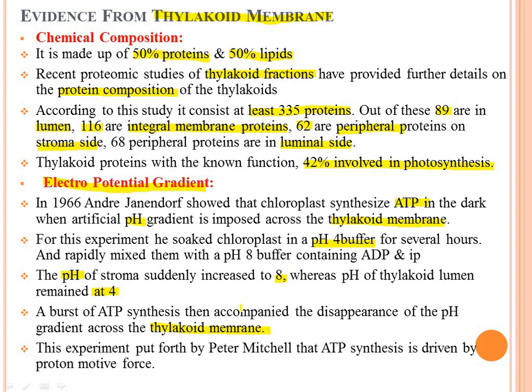The pH of the lumen became acidic while the pH of the stroma became alkaline, so both changed. This is a very important experiment that told about the synthesis of ATP.